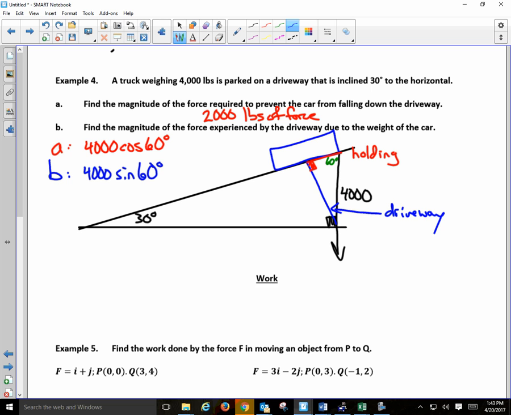Somebody? Yep, 2,000 root 3, which is, give me a decimal, about 3,464. And that's what the driveway is feeling.